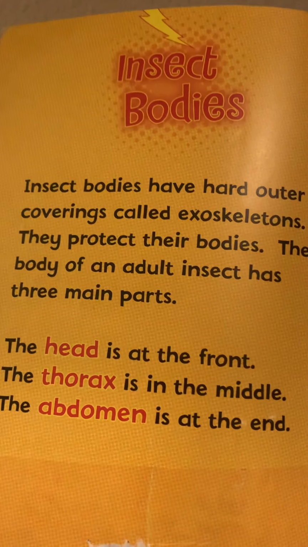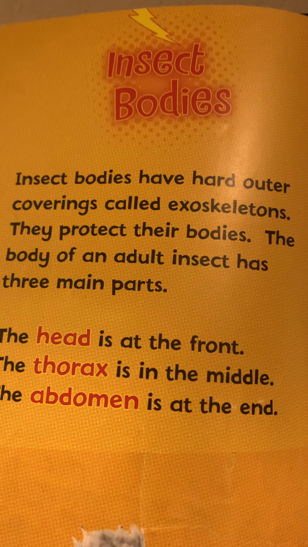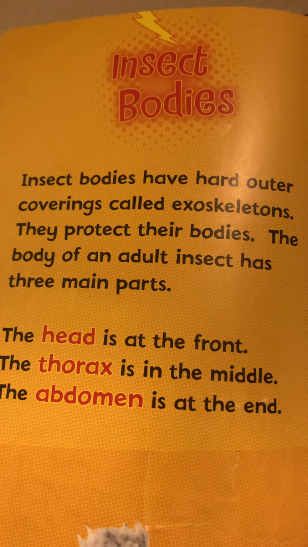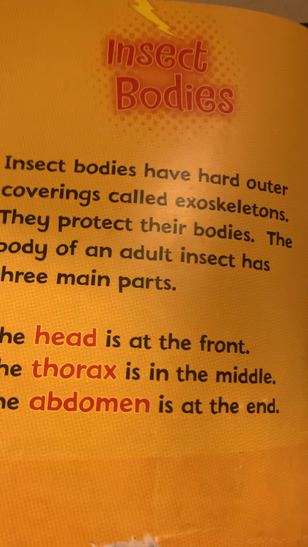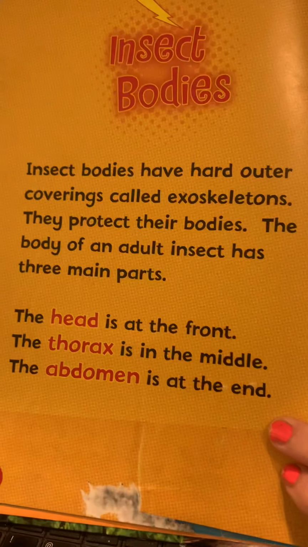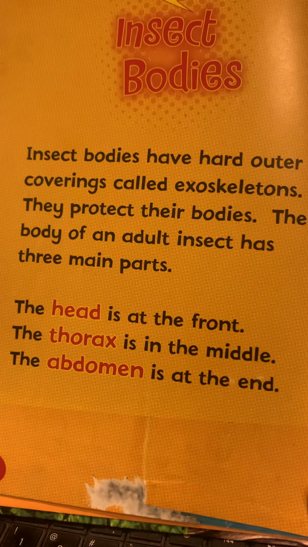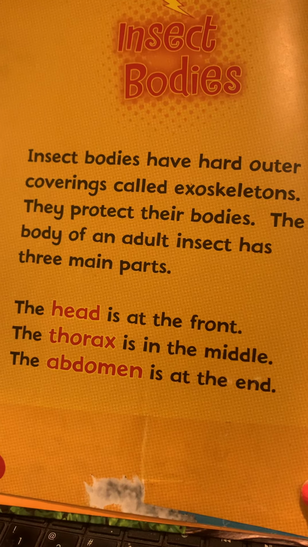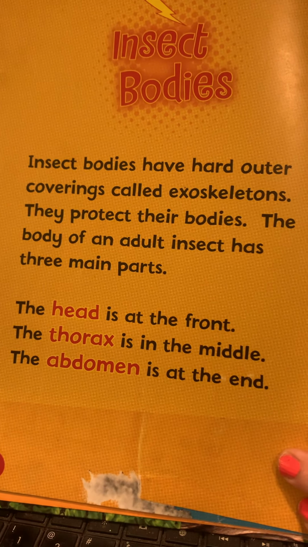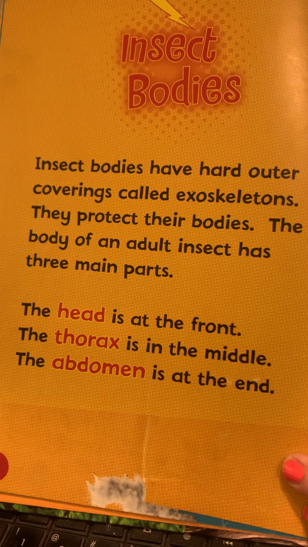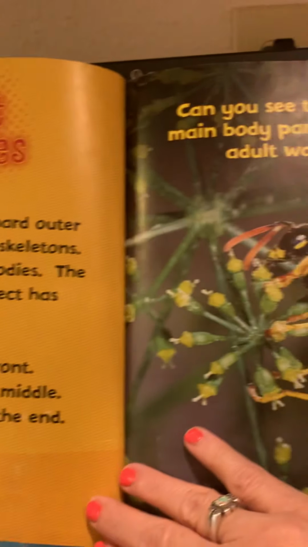Insect bodies. Insect bodies have hard outer coverings called exoskeletons. They protect their bodies. The body of an adult insect has 3 main parts. The head is at the front, the thorax is in the middle, and the abdomen is at the end.